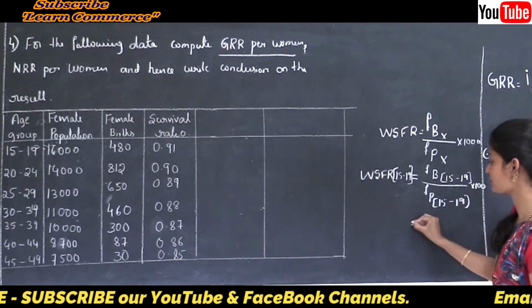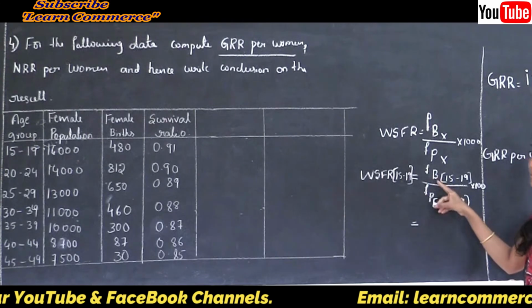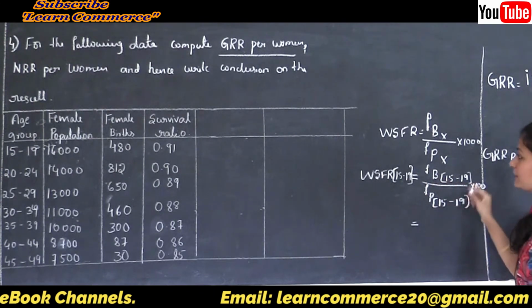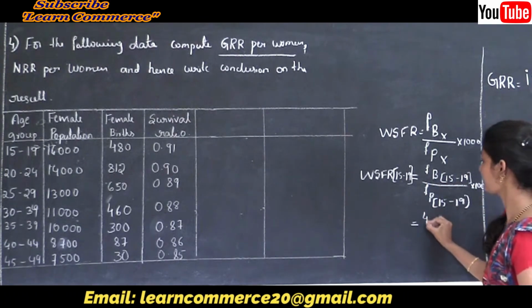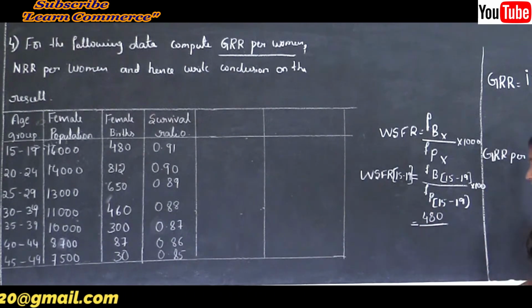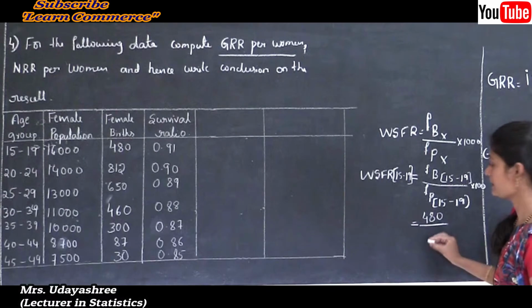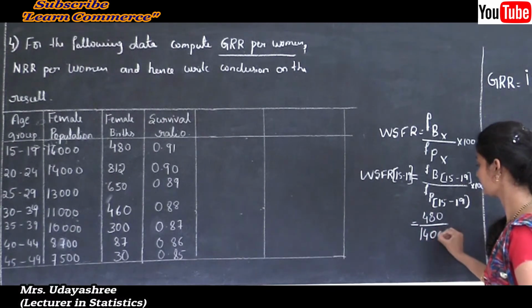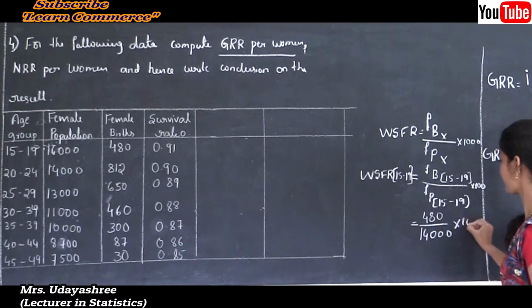Now I will substitute the observation. Here female birth in the age 15 to 19 is 480 divided by female population at the age 15 to 19, 14,000, into 1000.